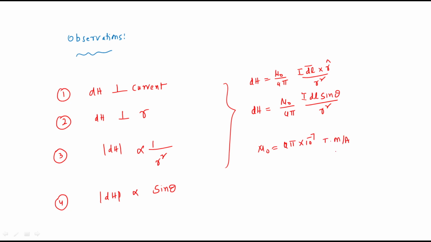We have different units, don't worry. This is the concept of Biot-Savart's law, a basic introduction. You will have better clarification in electromagnetic field theory with respect to different cases. This is only the introduction part.